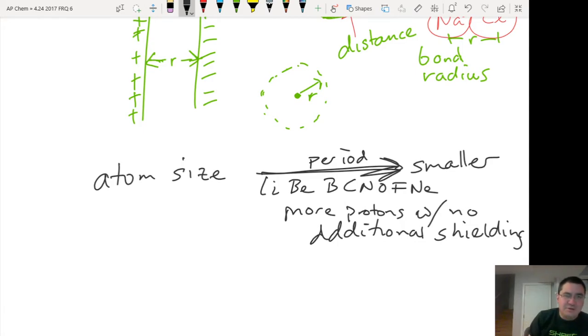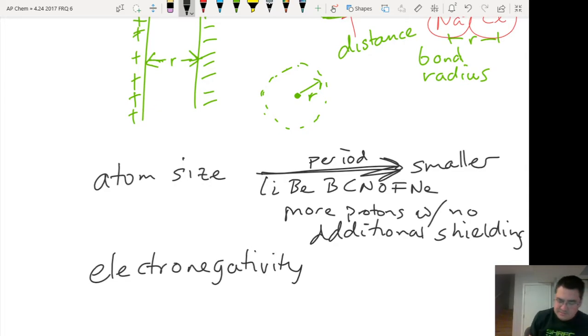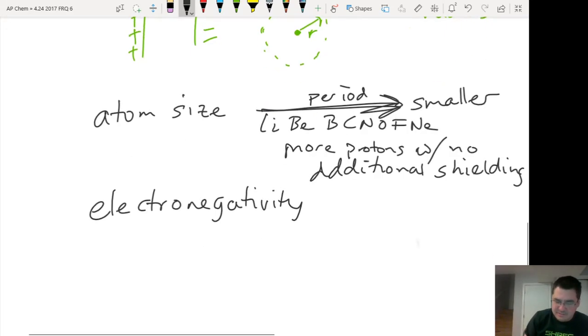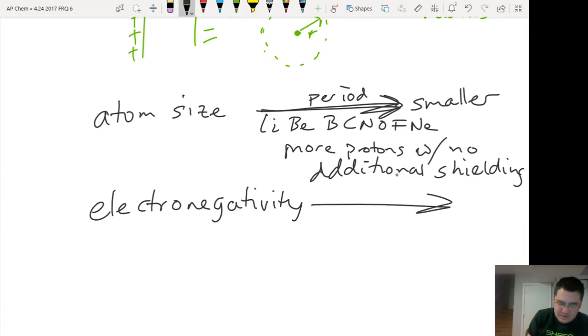Okay, what happens to electronegativity? Think about what are the most electronegative elements? Electronegative are the ones that really want electrons. So as you go across, think about lithium, which has 1 valence electron, versus fluorine, which has 7.